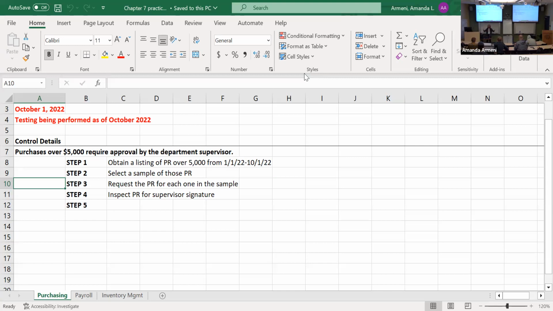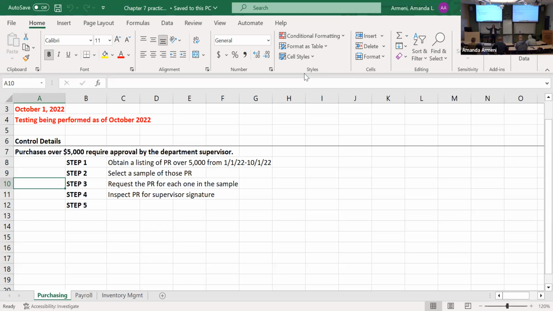And remember, we are auditing 2022, but we're conducting our control testing as of when? October 1st, right? So our period of audit as of now is January 1st, 2022 to October 1st, 2022. And again, I would argue that purchases over $5,000 during that 9-month period, there's probably a lot of them.